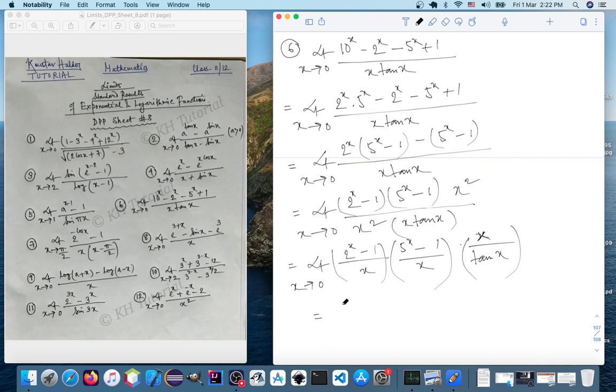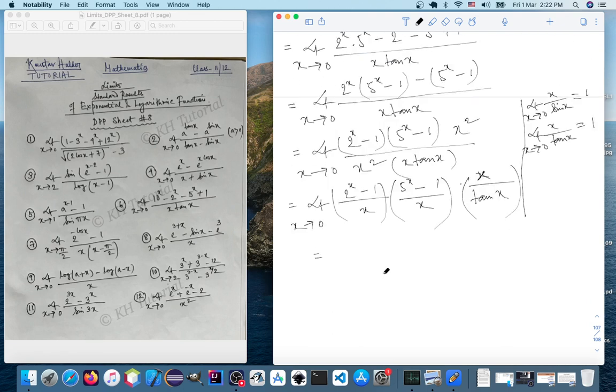Now you know that limit x tending to 0 of sin x by x equals 1, also x by tan x is 1.